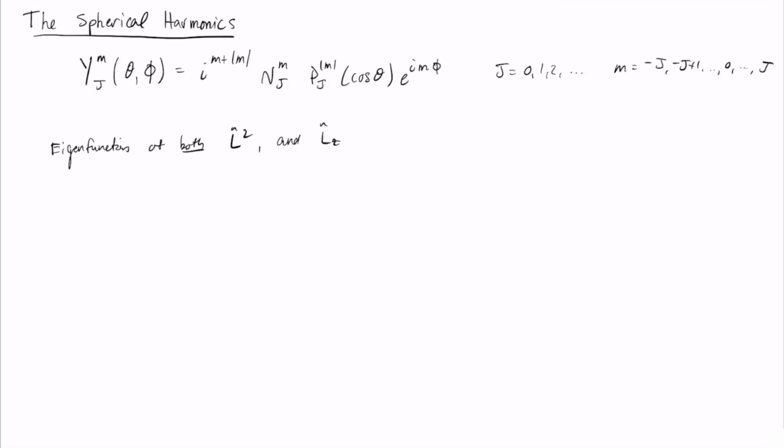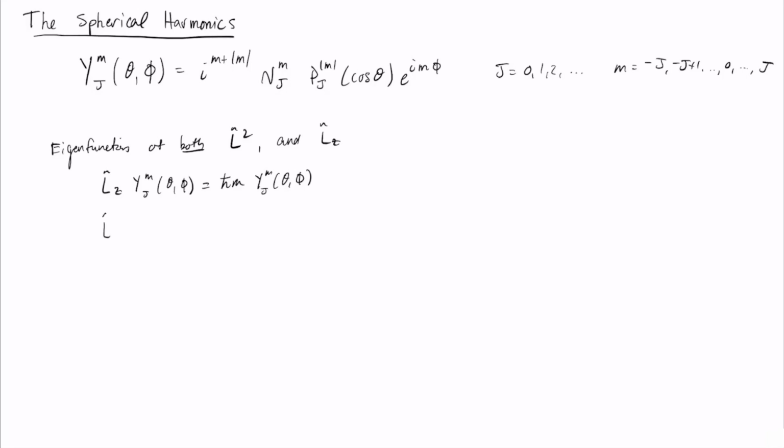Okay, so the way this works is that if you apply Lz onto Y_j^m, which is still a function of theta and phi, then the result that you get is h bar times m times Y_j^m of theta and phi. Okay, so what this means is that the m value that you get up here is in fact related to the eigenvalue of the Lz operator for this spherical harmonic.